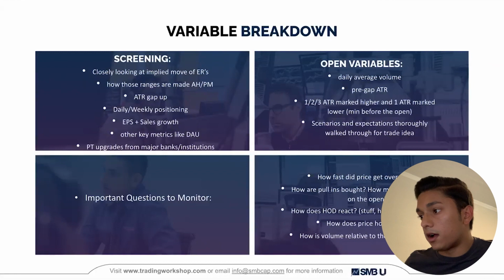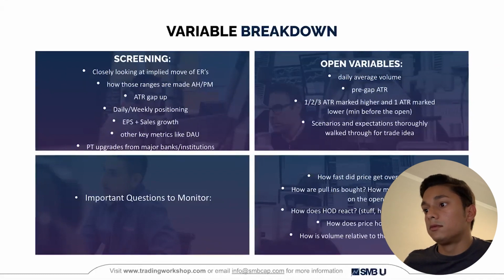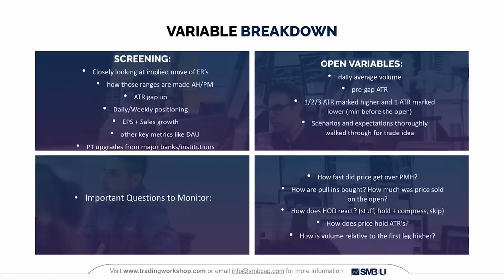And so moving on to open variables, because within the first 5 to 10 minutes, the variables and the information that you have to weigh is very different from screening for the setup itself. Within the first 10 minutes, we're asking what is its daily average volume and how much of that have we done? What is its pre-gap ATR?